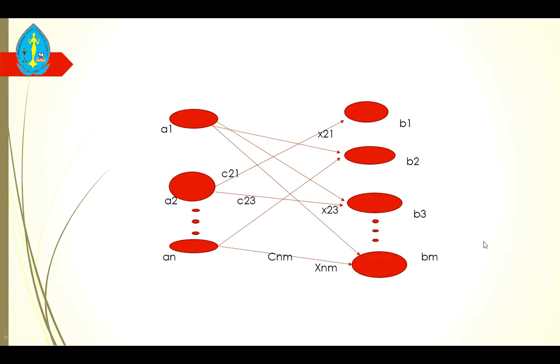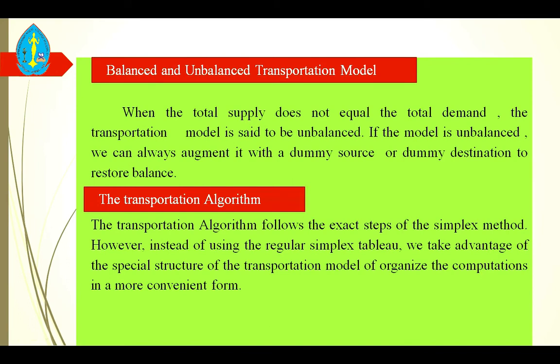So the transportation problem is represented by this type of network. Now, the balanced and unbalanced transportation model. When the total supply does not equal the total demand, the transportation model is said to be unbalanced. If the model is unbalanced, we can always augment it with a dummy source or dummy destination to restore balance.